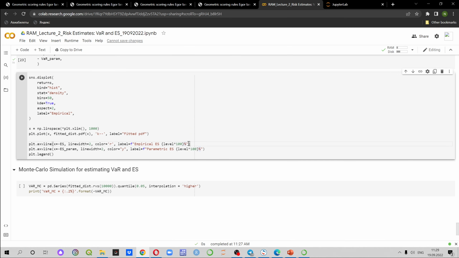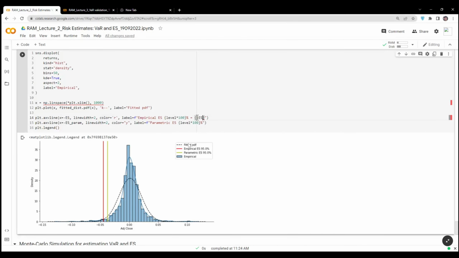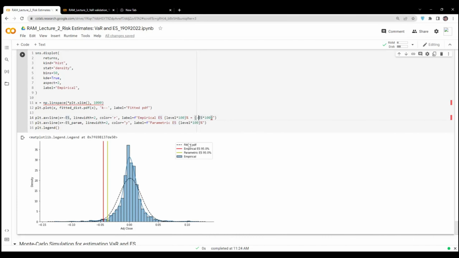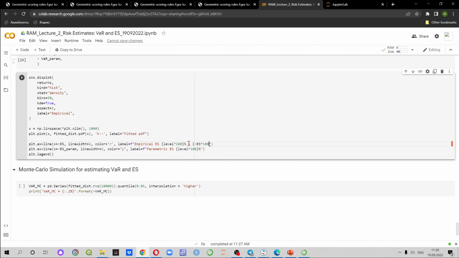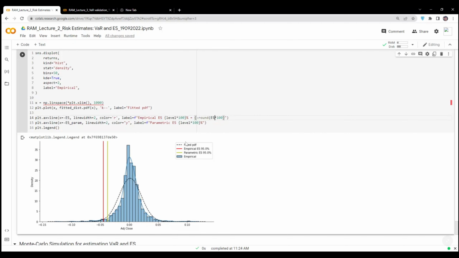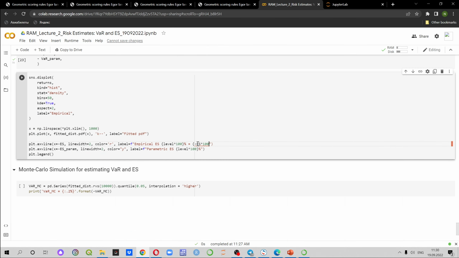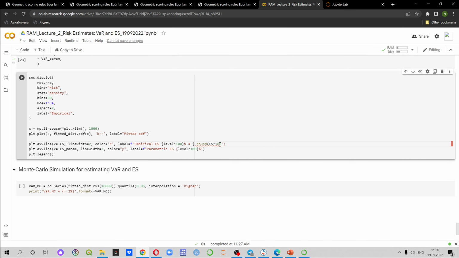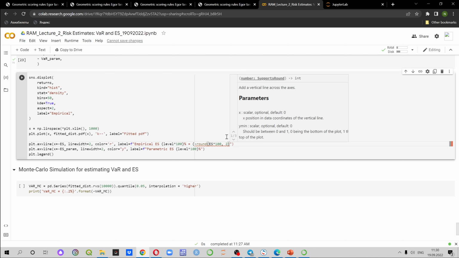Okay, this is minus expected shortfall. Oops. Let me round it. And I also added to the legend in case of parametric estimation.